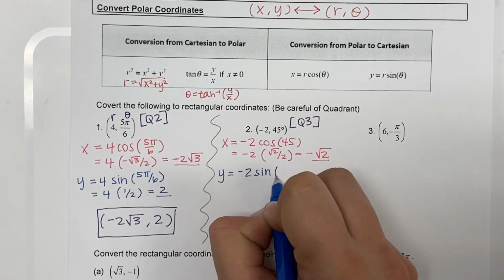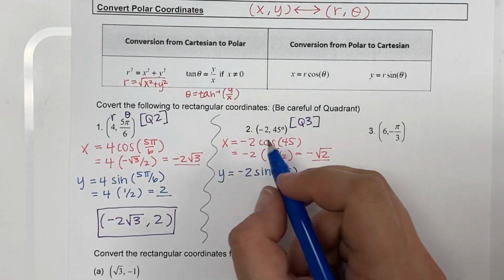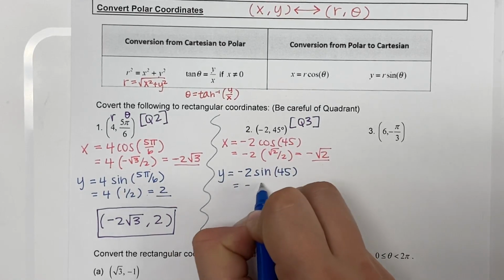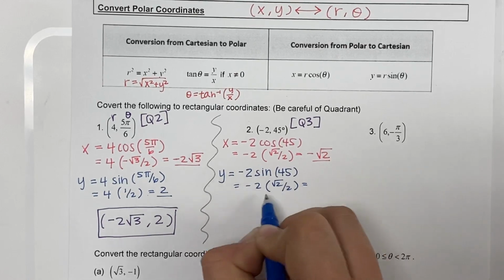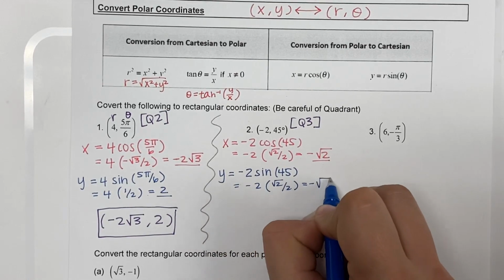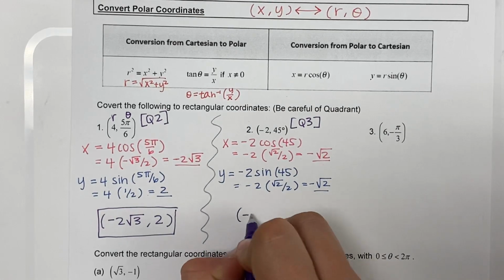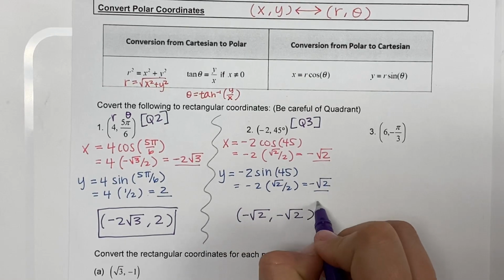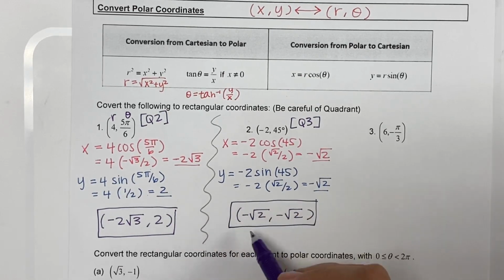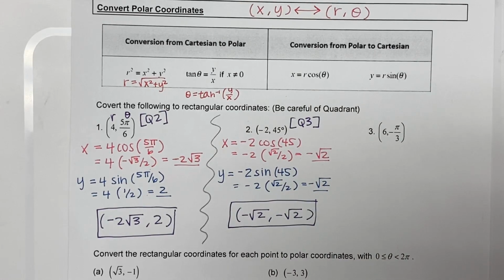But let's show our work. Negative 2 times root 2 over 2. Those 2's cancel, so just negative root 2. So my coordinate will be negative root 2, negative root 2. If you go left and down, that's quadrant 3. Wow, give yourself a high five.